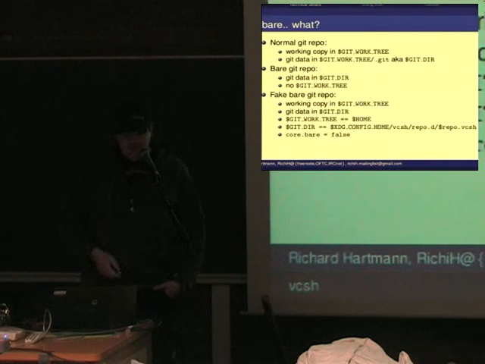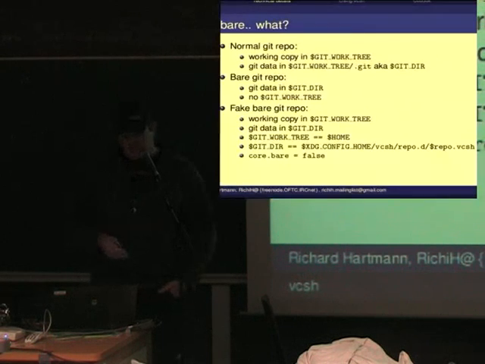So, what are fake bare Git repositories? In a normal repository, you will have, but not see because it's just hidden beneath, your working copy, or the path to your working copy always set to PWD, so it works by magic. But still, Git has a concept of where the working copy is supposed to be. Also, all the Git data, like the configuration files and the objects, are in a predefined location, which is usually the working tree .git.